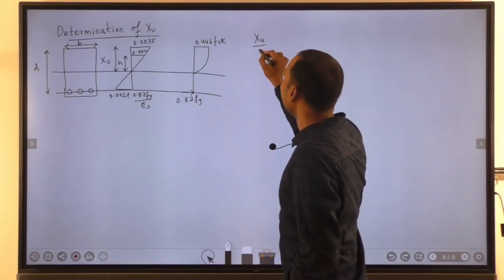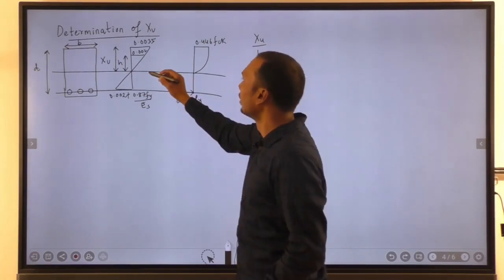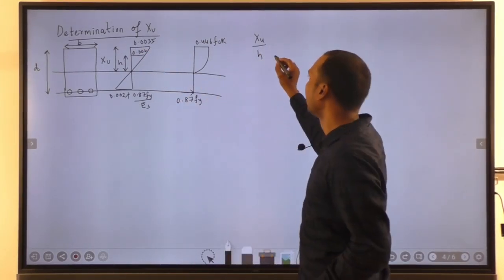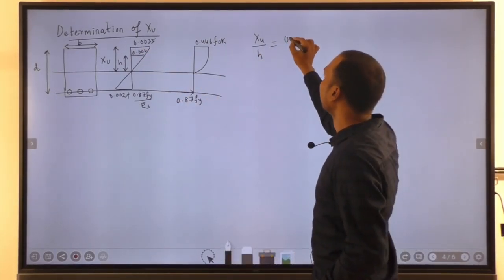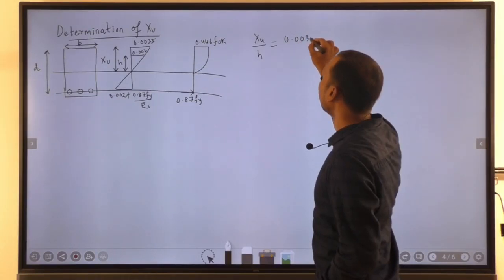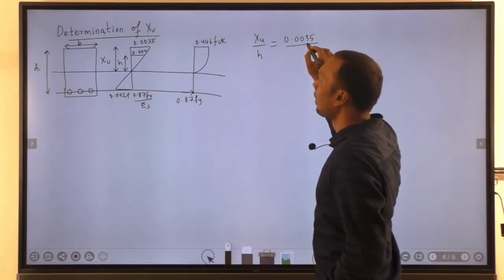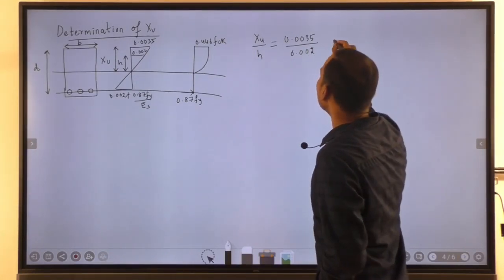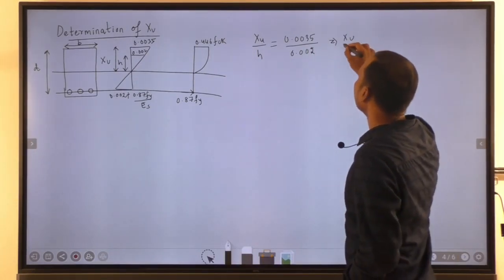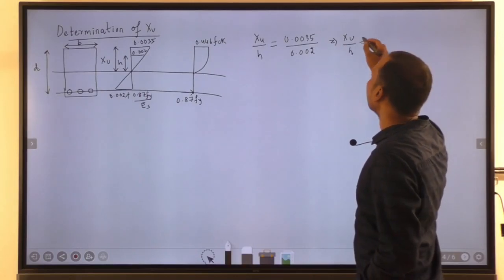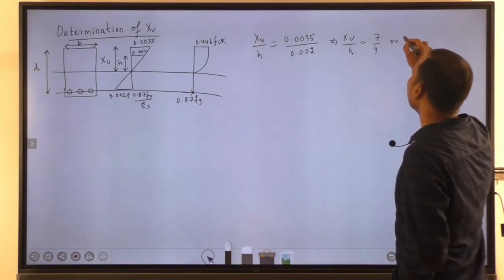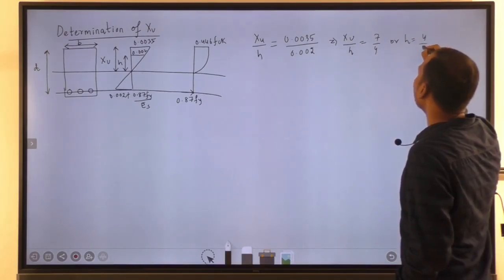First let us write Xu by h. These two triangles are also similar triangles. So Xu by h, we can write as 0.0035 divided by 0.002, which implies that Xu by h is equal to 7 by 4, or we can say that h is equal to 4 by 7 of Xu.